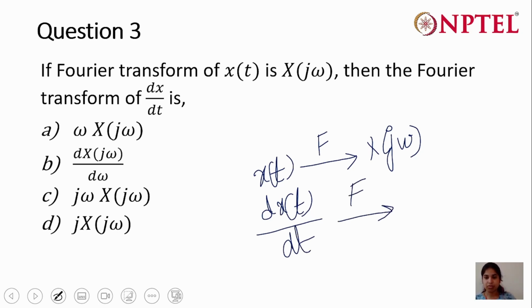What is this Fourier transform? Can you guys try this? Yes. The answer is j omega into X of j omega.